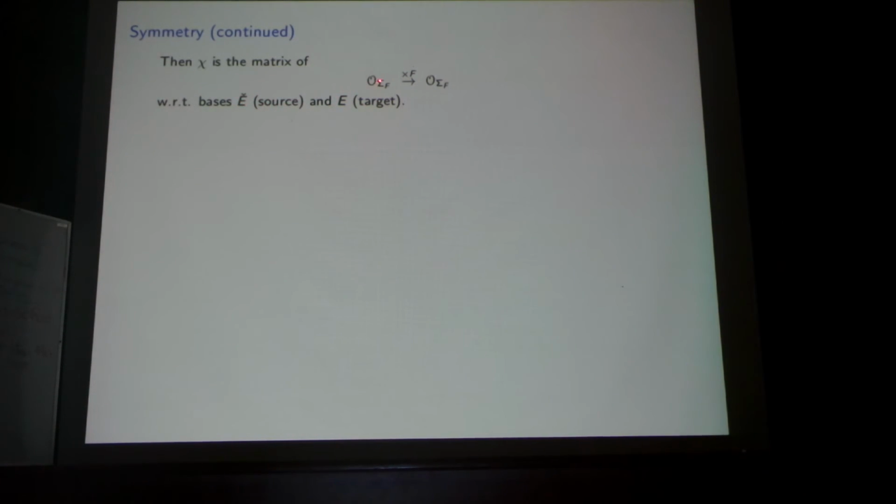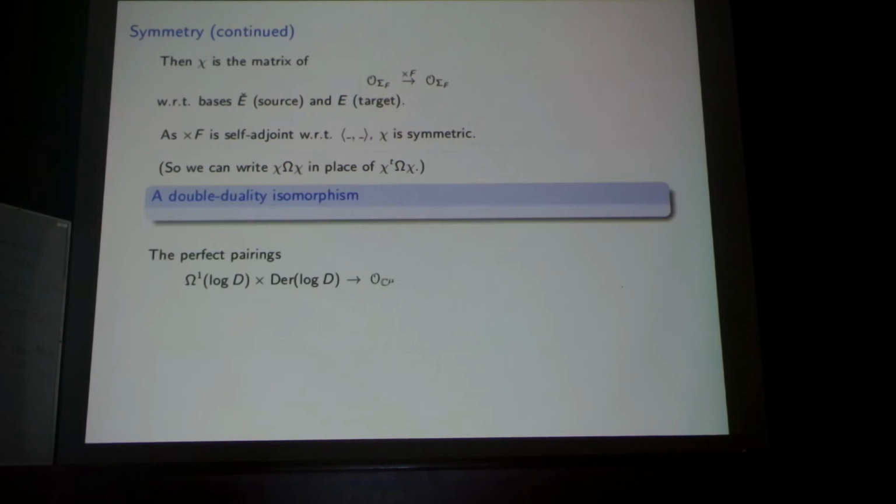Here, we identify this with C^mu, the direct sum of mu copies of O, by means of this choice of basis, and this also by means of this basis. And now it turns out that this is self-adjoint in an obvious way with respect to the Gorenstein pairing. From that, it follows that the matrix chi is symmetric. So we've got a symmetric basis, which in particular allows us to write chi omega chi in place of chi transpose omega chi, and allows us to do quite a lot more.